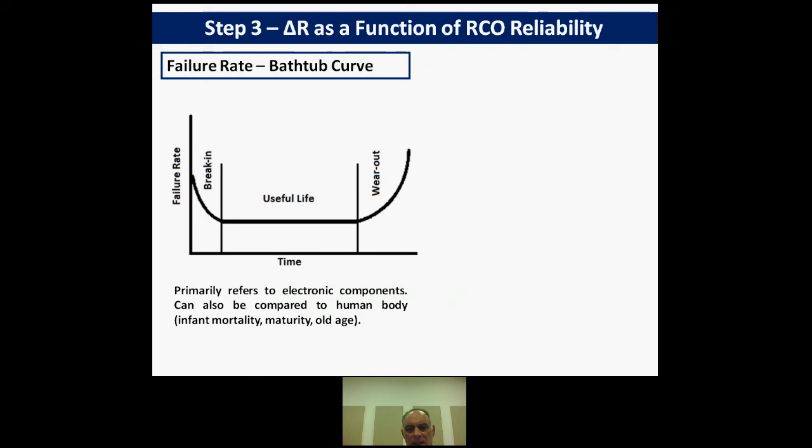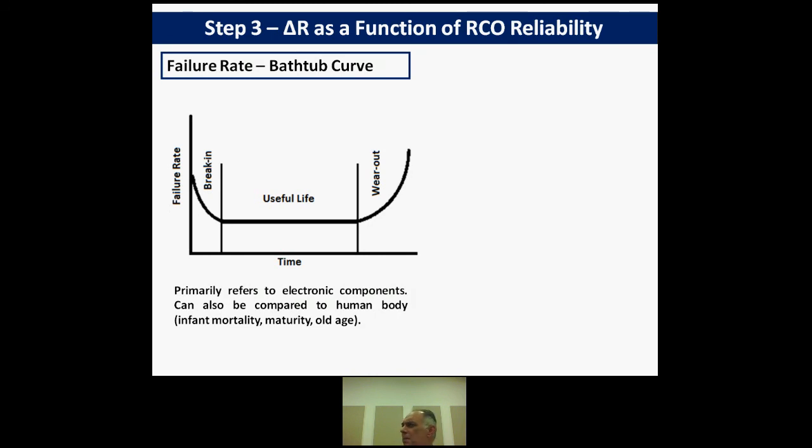And finally, the wear out age, or the aging phase, as we call it, as opposed to the first phase, which is called the infant mortality period. Then again, we discover that we have an increase in failure rates.